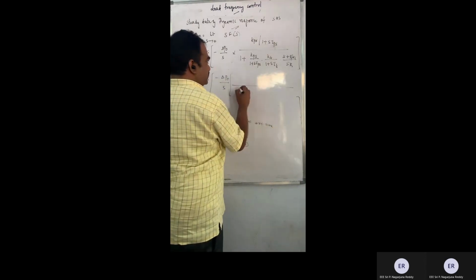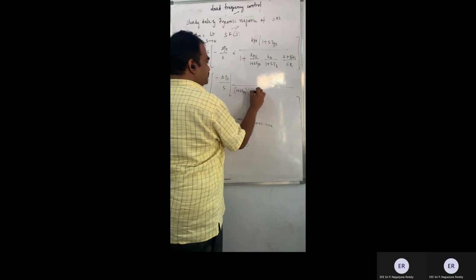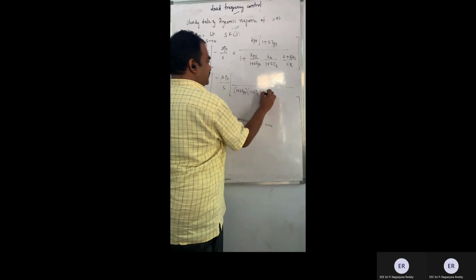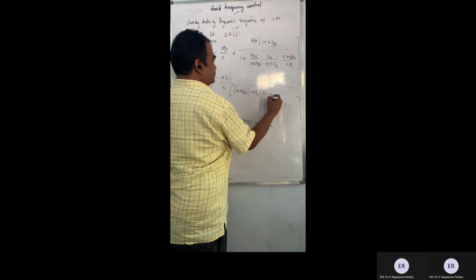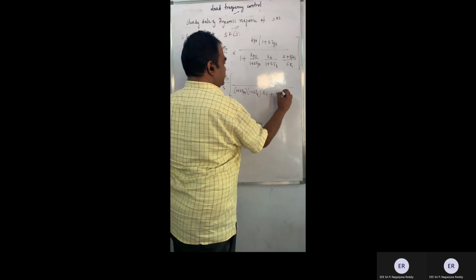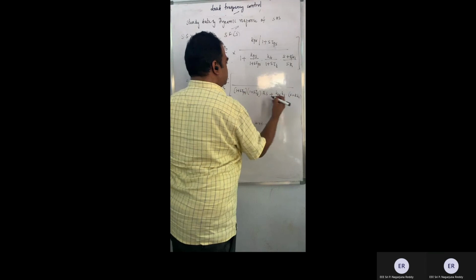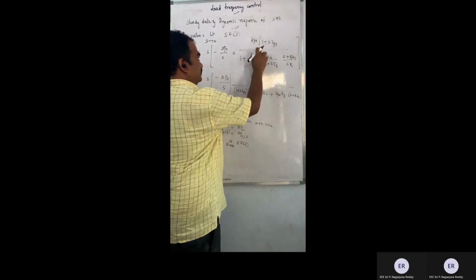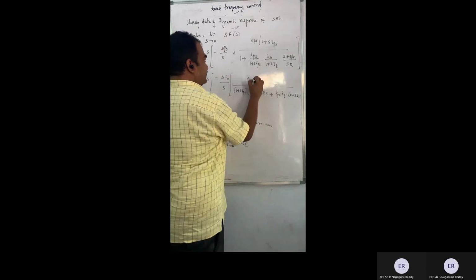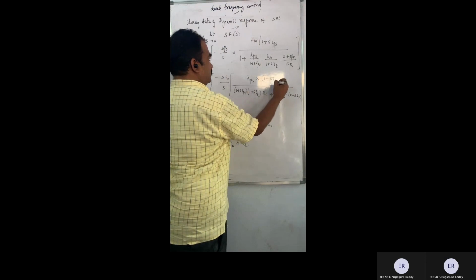So what I'll be getting? 1 plus S2PS into 1 plus S2T into RS plus KPS into KT into S plus R into KI, isn't it? In the bottom, I do have this one. In the top, I'll be getting KPS into 1 plus S2T.